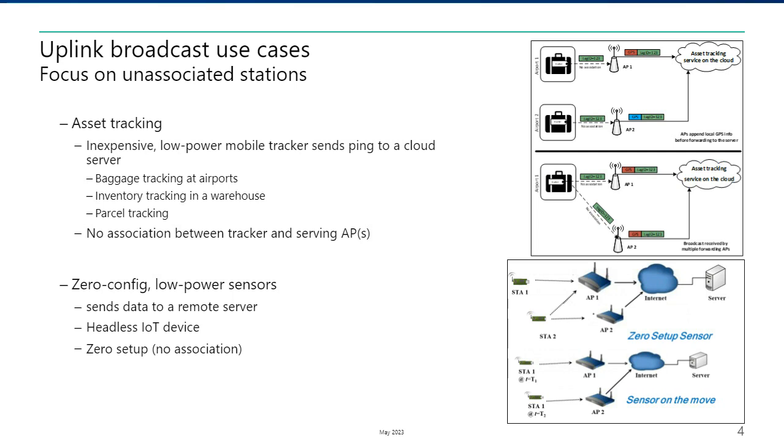Also, such uplink broadcast services allow zero configuration of low-power sensors, which are simply deployed in the field and then use uplink services to contact their configuration server without the need of any additional configuration and access schemes for existing Wi-Fi networks.